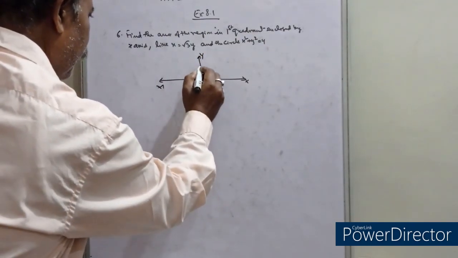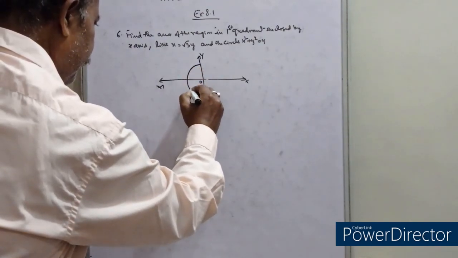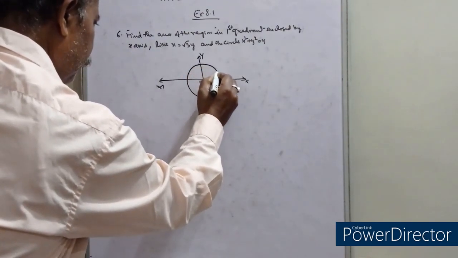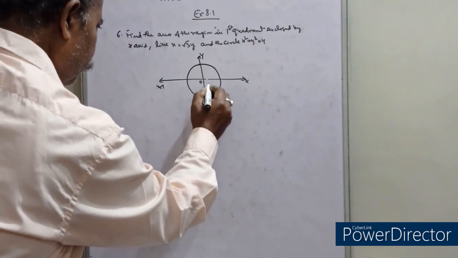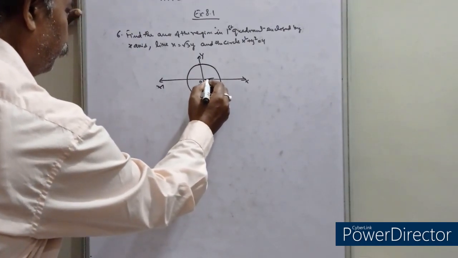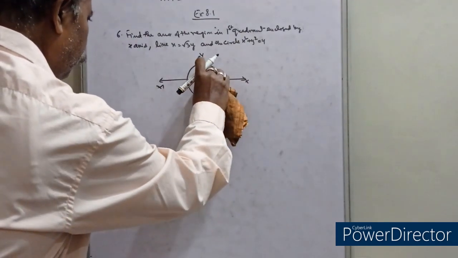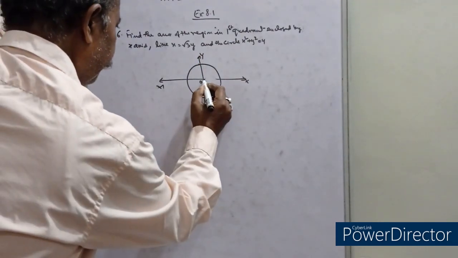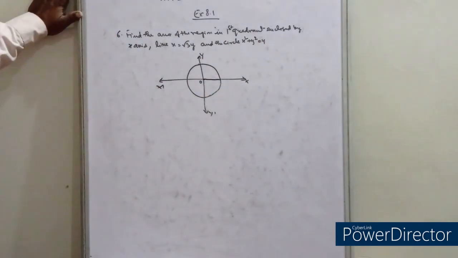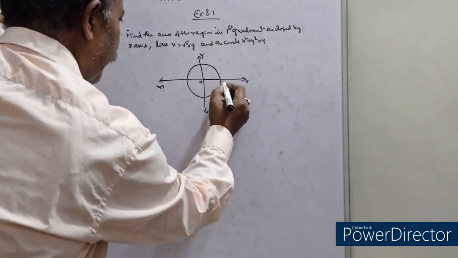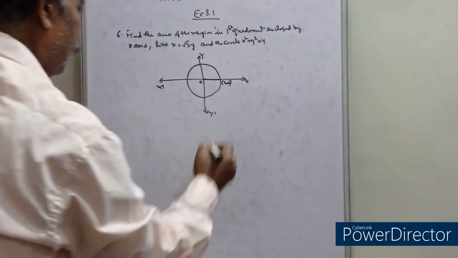The graph will be somewhat like this, and this is the circle. So here the radius is 2, that is the point 2 comma 0.